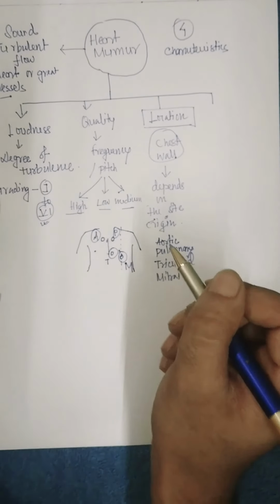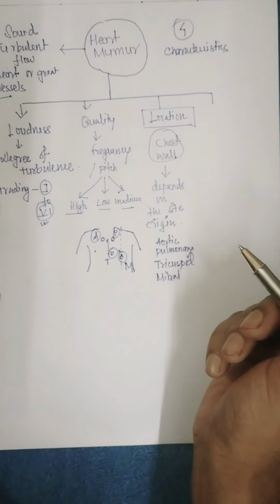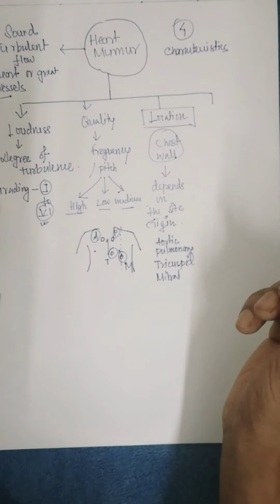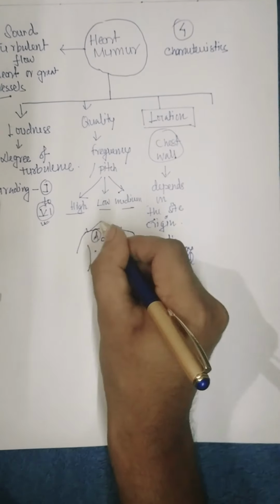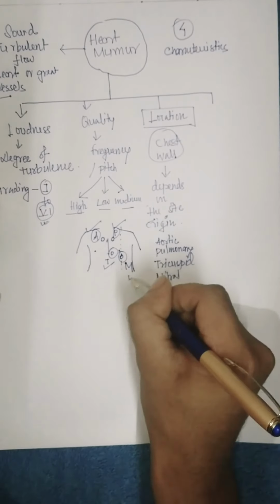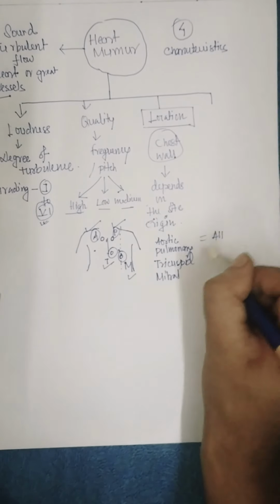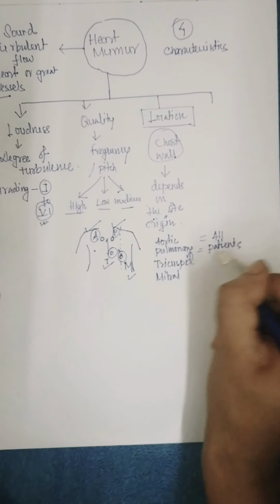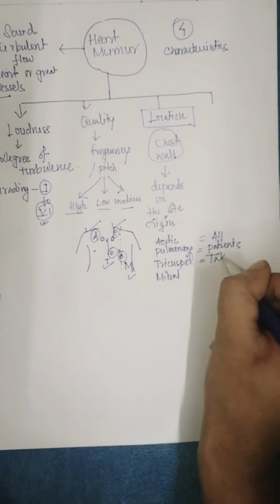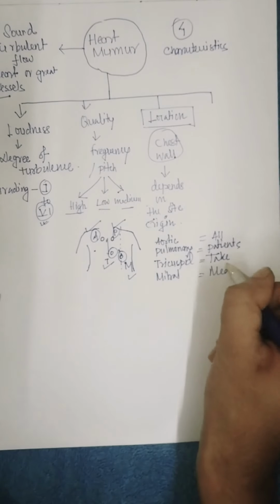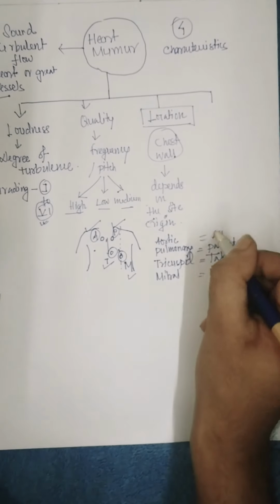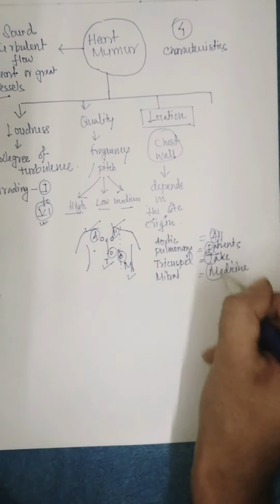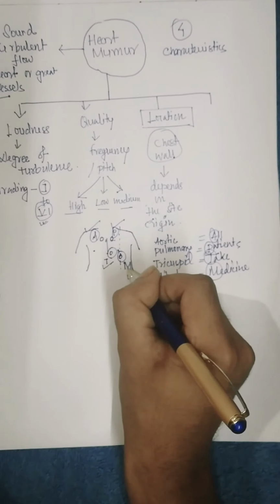I made a mnemonic when I was in 3rd year MBBS. I used to remember it like this: all patients take medicines. Aortic, pulmonary, tricuspid, mitral. All patients take medicine.